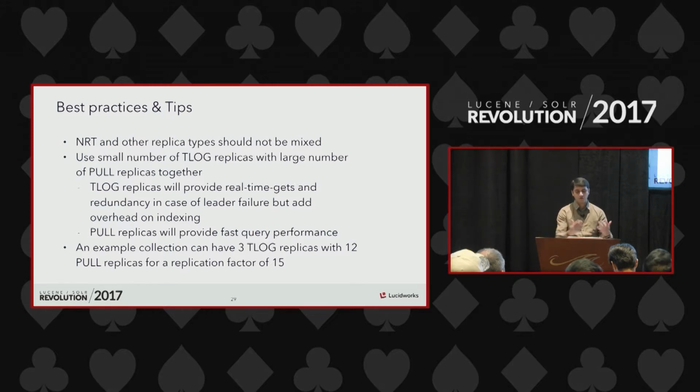For example, a collection can have 3 T-log replicas, which can become leaders. So you have redundancy in terms of writes, and then maybe 10, 15, or 25, depending on your requirements, pull replicas which help you with your query performance.